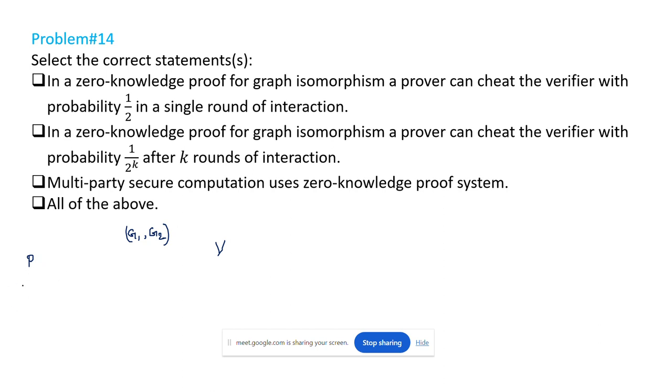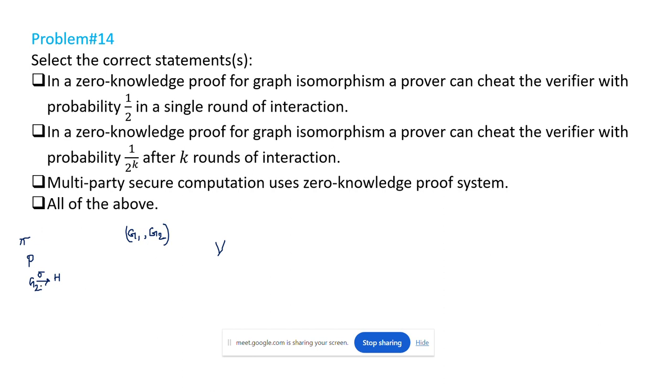Now to prove that, it generates some random graph H which is isomorphic to G2. So it chooses a random bijection such that G2 maps to H. Let's say this is sigma, and the existing mapping that it already knows from G1 to G2, which proves that they are isomorphic, is pi.